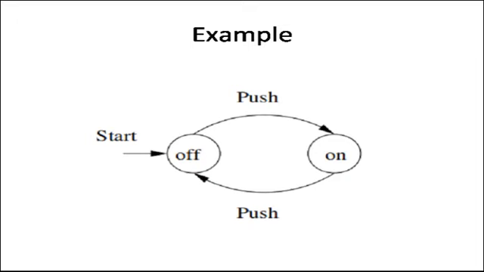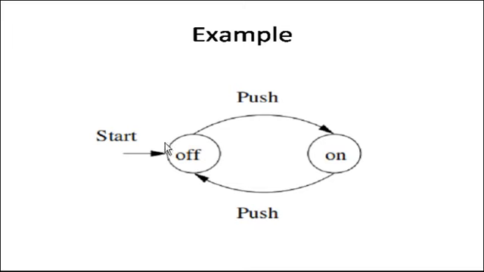It allows the user to give input, that is, to press the button, which changes its state accordingly. If the switch is in the off state, after pressing the button, it changes into the on state. And if the system is in the on state, after pushing the button, the system goes into the off state.